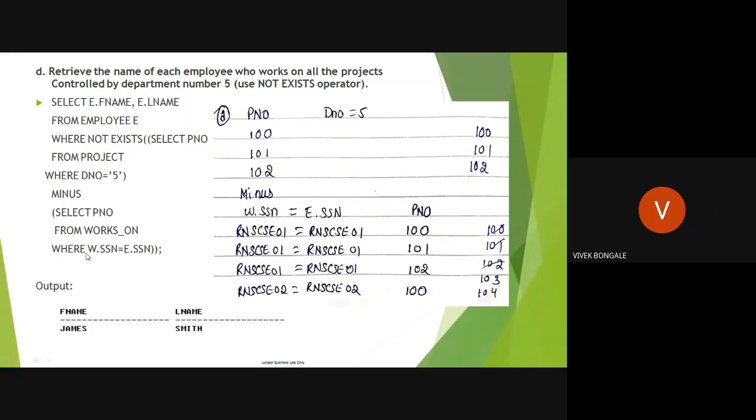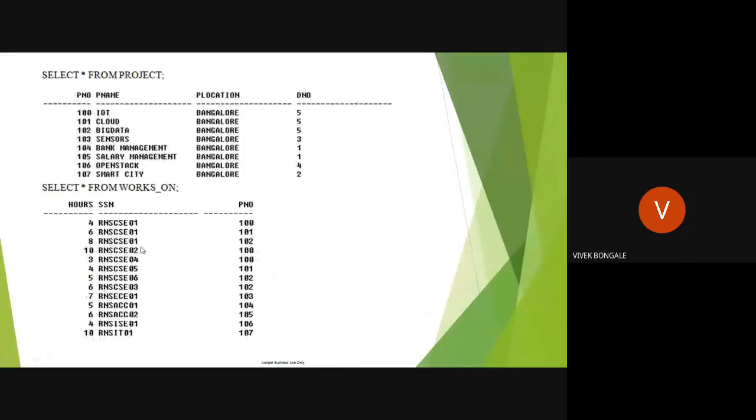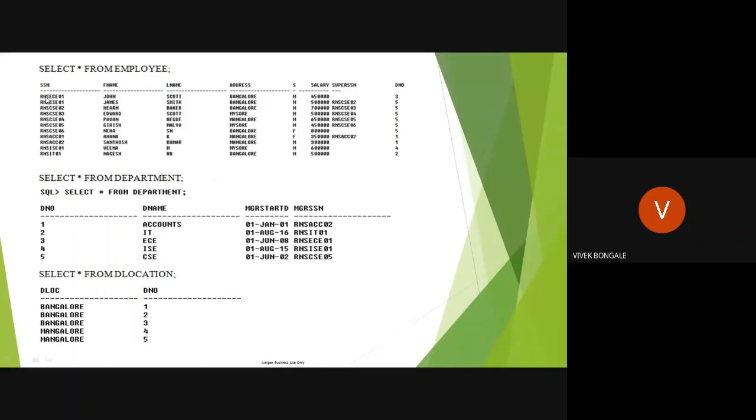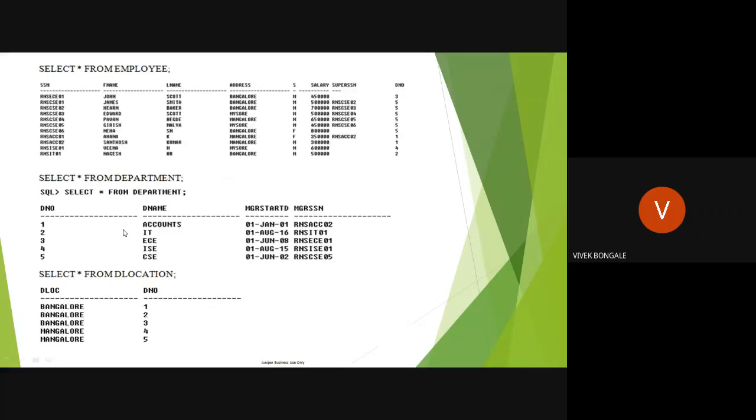Here W and E, 100, 101, 102, we compare here, and after comparing I get the first name and last name, Smith. Otherwise, how would I compare values from the employee table and the Works_On table? Through SSN only. With this SSN, I find out who the person is, the first name and last name of the employee working in department number 5.